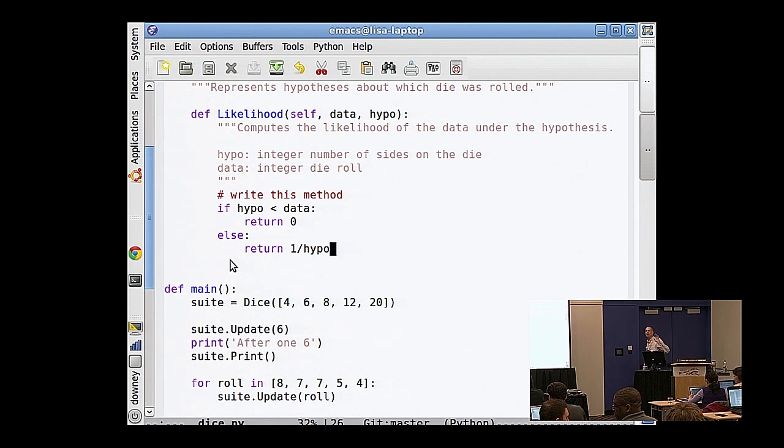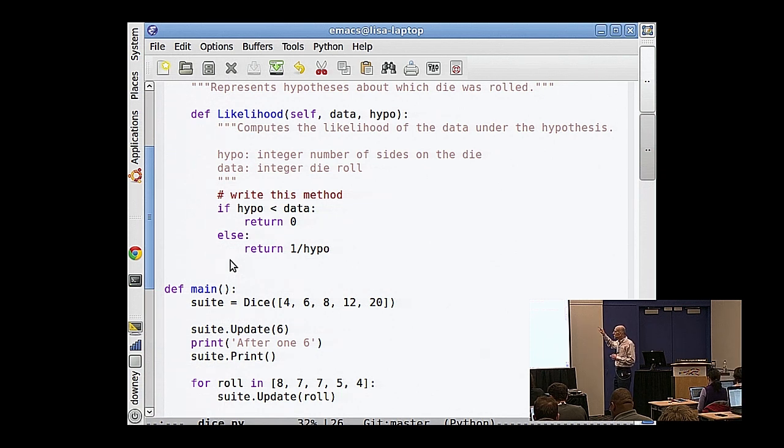Okay, I just got a great question that I want to repeat, which is, while you are writing this likelihood function, you don't have to think about any of this Bayesian update stuff. You have this compartmentalized view of the world that says, if I tell you which hypothesis is true, all you have to do is compute the likelihood of the data.